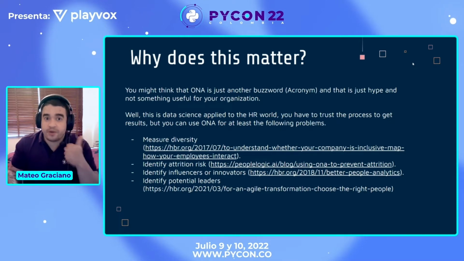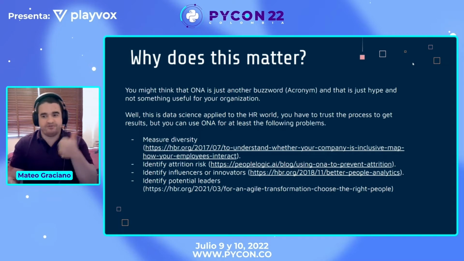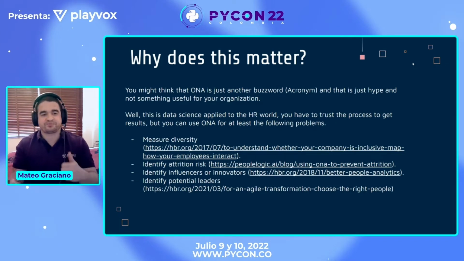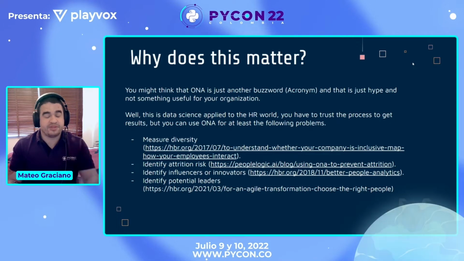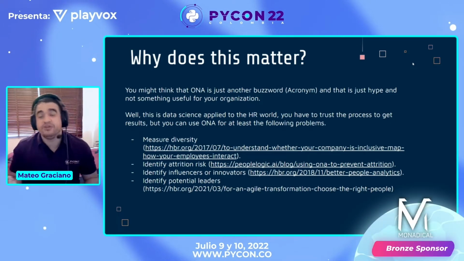You can measure diversity, and for me this is the most important part of this presentation. You can measure diversity with ONA, and that's pretty great. You can identify attrition risk. For example, there is evidence that people who are less connected are more likely to leave the company.